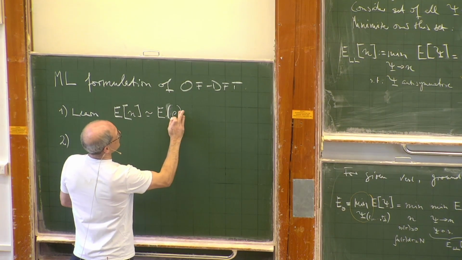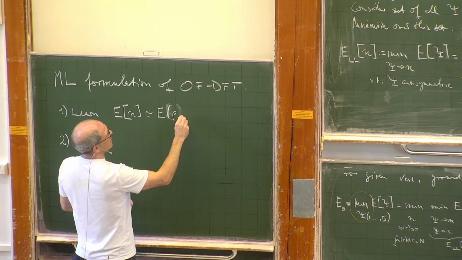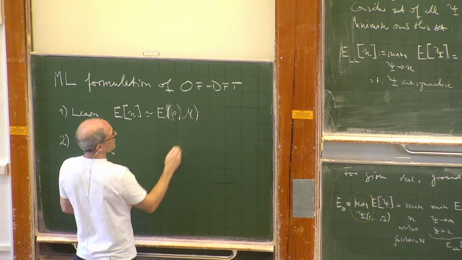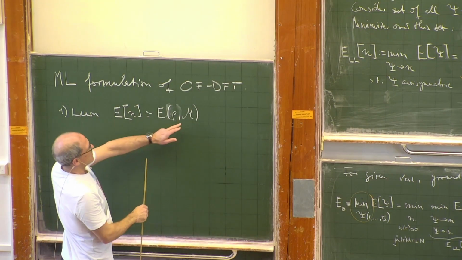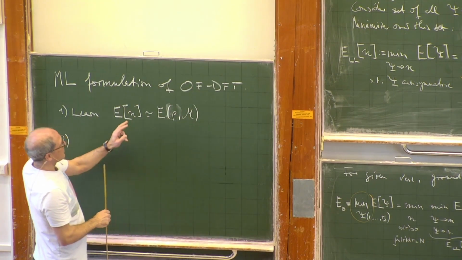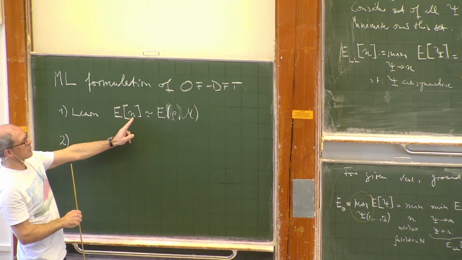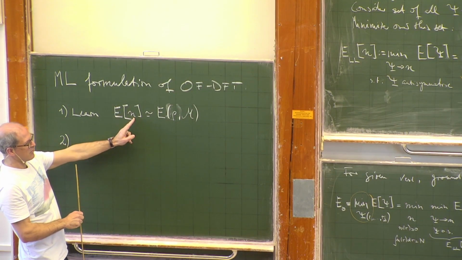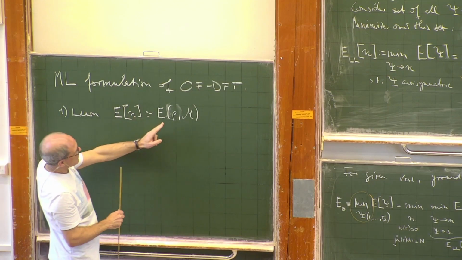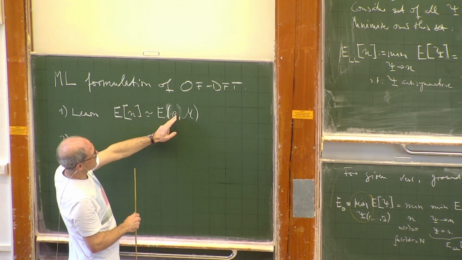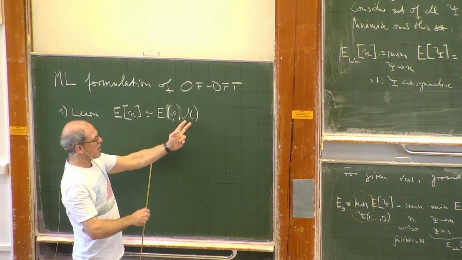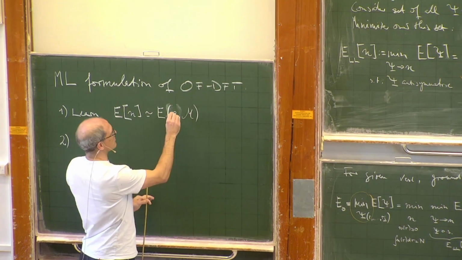and this will depend on the coefficients, but it will also depend on the molecular geometry. So here it was sufficient in principle to consider only the density by virtue of the Hohenberg-Kohn theorem. If I now operate in some basis, I also need to say where the basis functions sit.